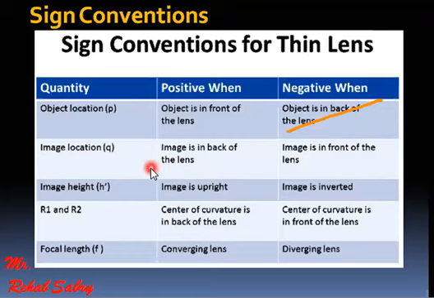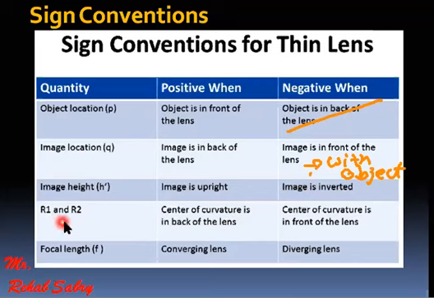The image in front of the lens, with the object, will be negative. For the height, if the image is upright, it will be positive. If the image is inverted, it will be negative.